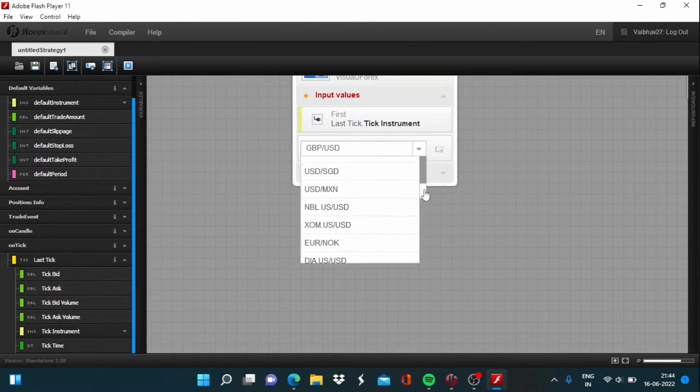Which is Euro USD. So we have to find the Euro USD amongst these listed instruments. I think I have missed it.